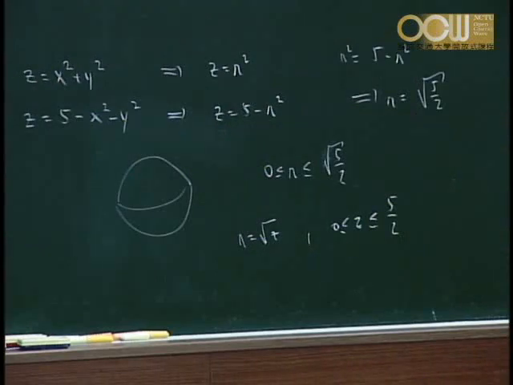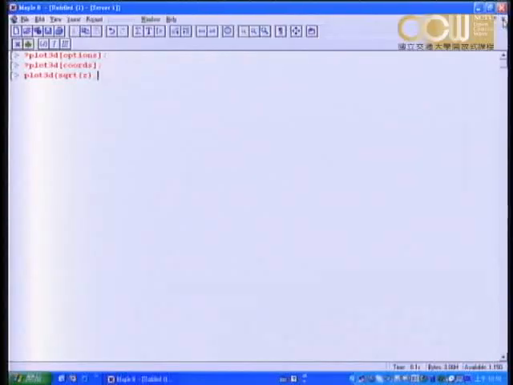So plot3d. Now our curve is square root of z. Theta is from 0 to 2 pi, since you do not see any theta. The z is from 0 to 5/2. And for the coordinates, you have to tell Maple that the coordinates which you use are cylindrical.